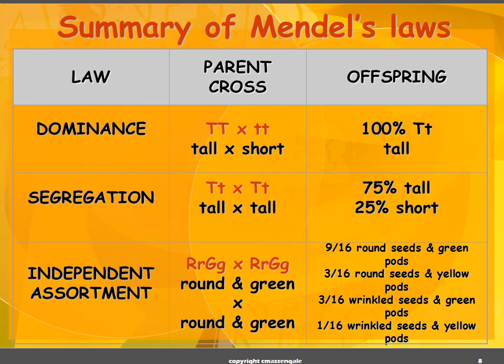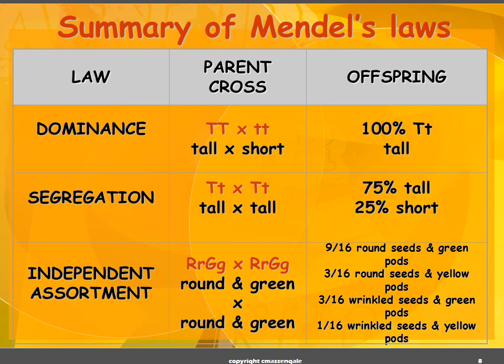So what I've got there is the parent cross and what the resulting offspring would be. Tall to short individuals, all of them would be tall because of the law of dominance. If we have segregation, where we have 2 tall parents that are heterozygous, we'll end up with our characteristic 3:1 ratio. 75% will be tall, 25% will be short.